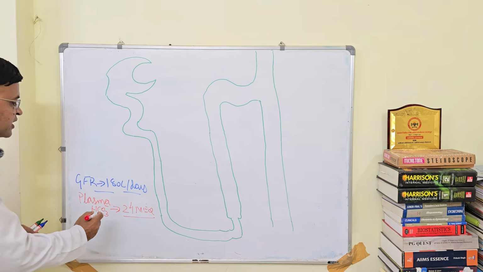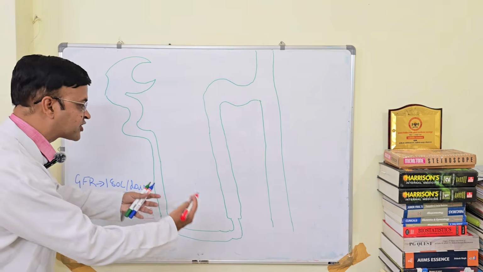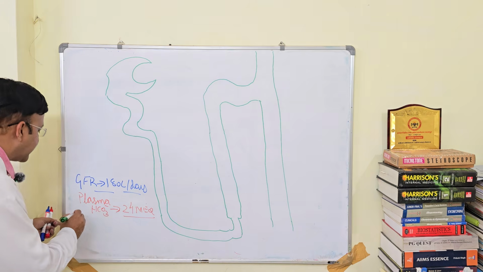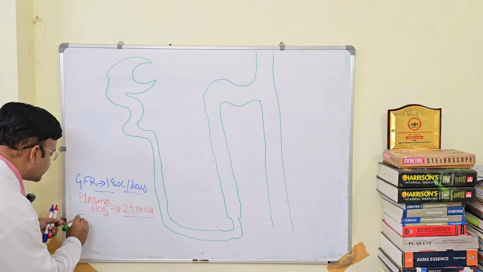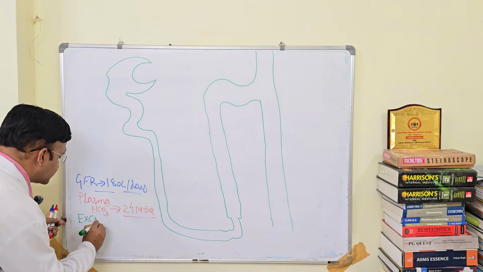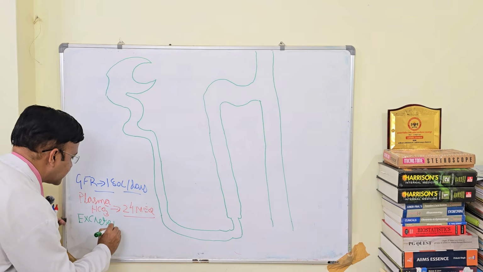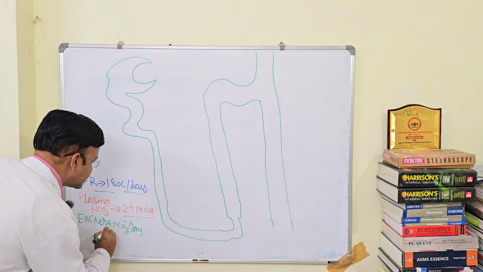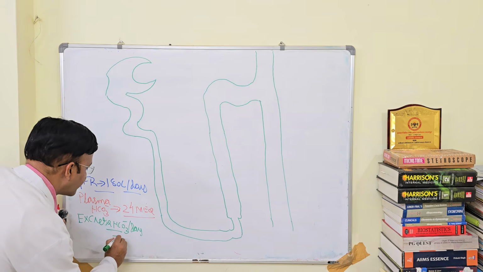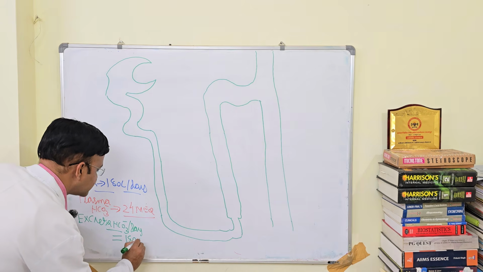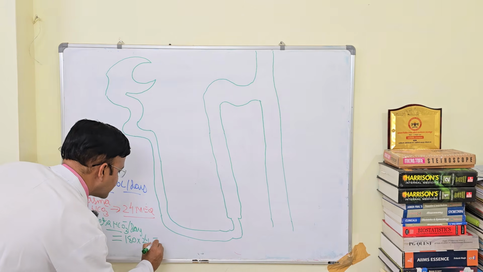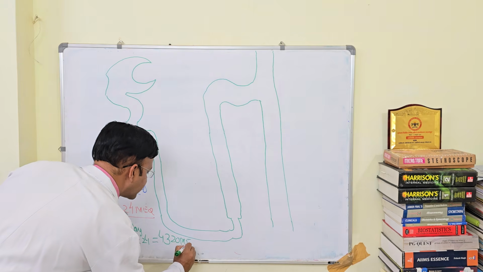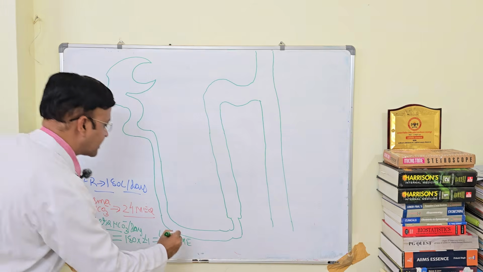With these two things we can calculate how many milliequivalents are filtered per day. So the bicarbonate filtered per day will be 180 into 24. This will give us 4320 milliequivalents per day. This much bicarbonate is actually filtered out per day.